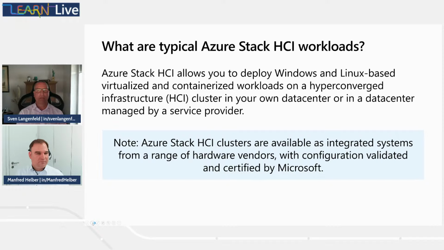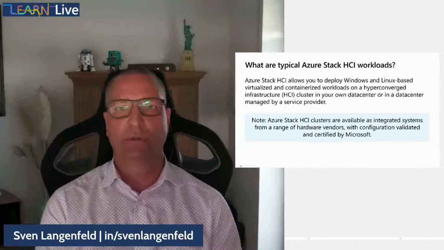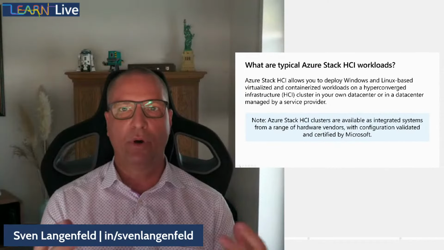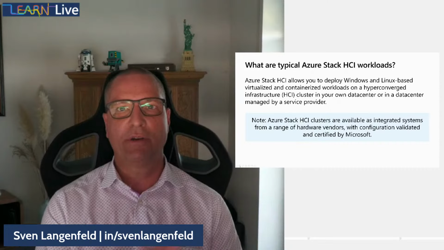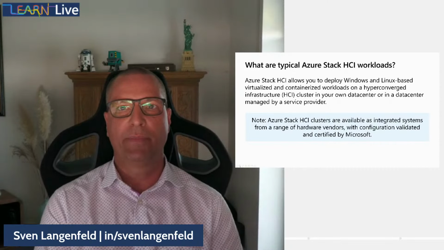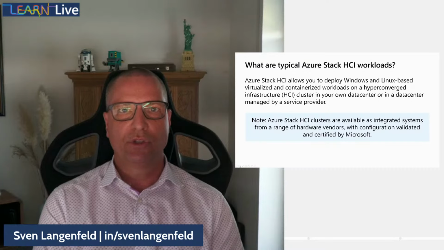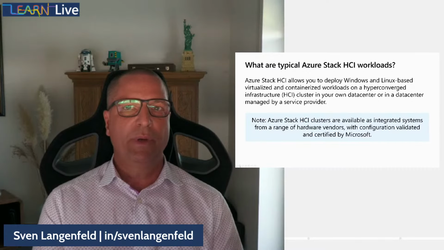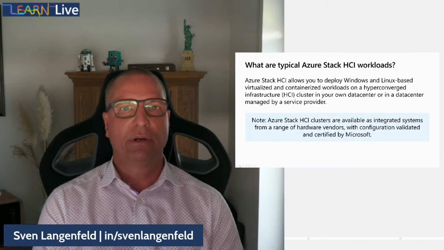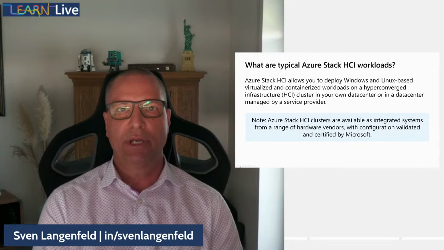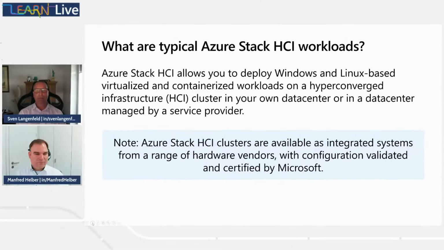It's not the typical three-tier infrastructure, including separate network, compute, and storage. Everything is included in one HCI solution. So if we have customers using a cluster today, Azure Stack HCI could be good for them. But there are some more use cases, and we are going to talk about them today.